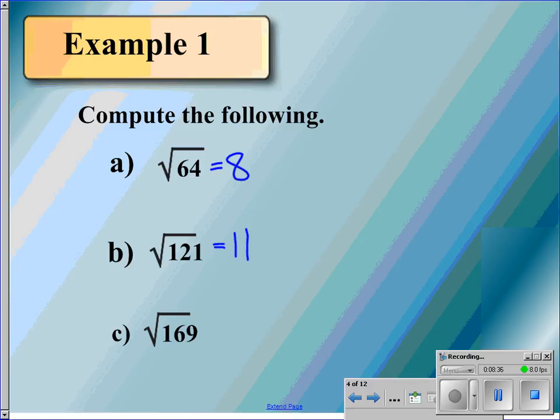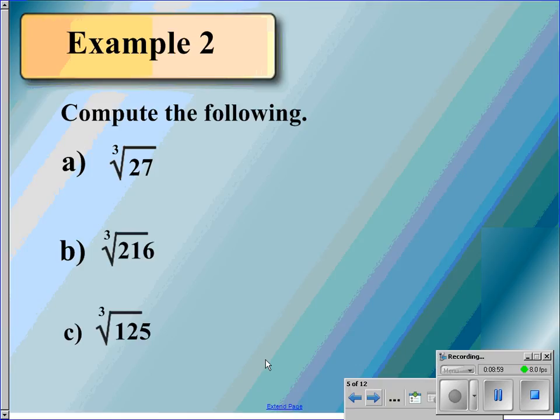Joey's already answered one. Does anybody who hasn't answered know what I can square to get 169? Herman? 13. Perfect. So the square root of 64 is 8. The square root of 121 is 11. And the square root of 169 is 13.